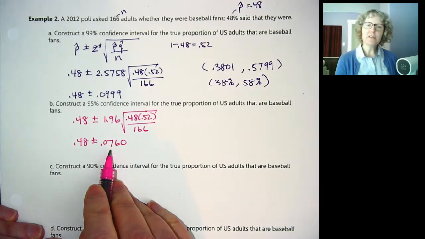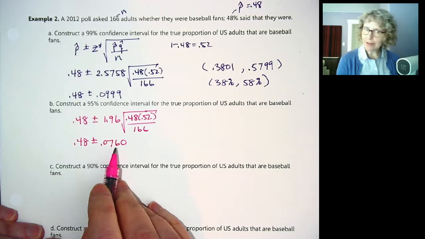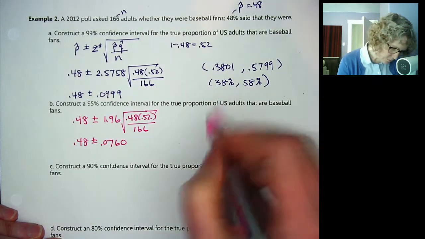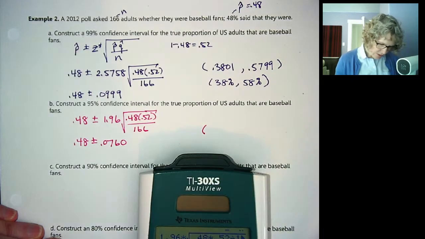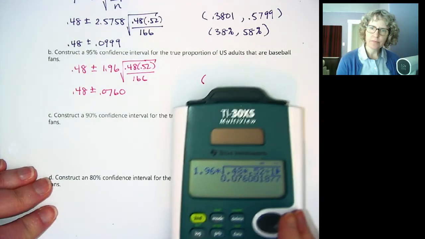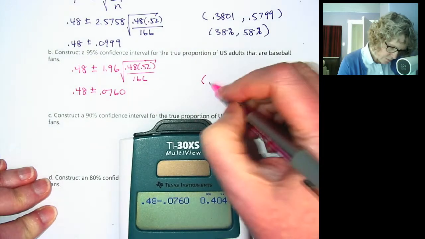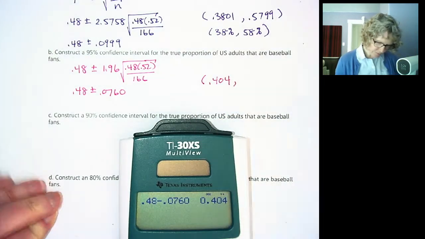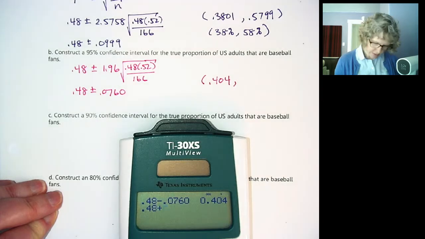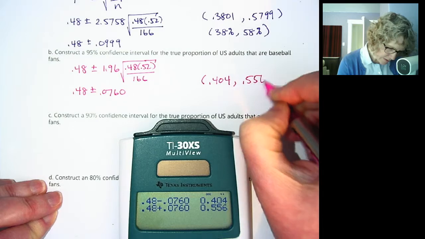Okay, so margin of error went down to about 7.6 or 8%. So now I take 0.48 minus 0.0760 is 0.404. 0.48 plus 0.0760 is 0.556.